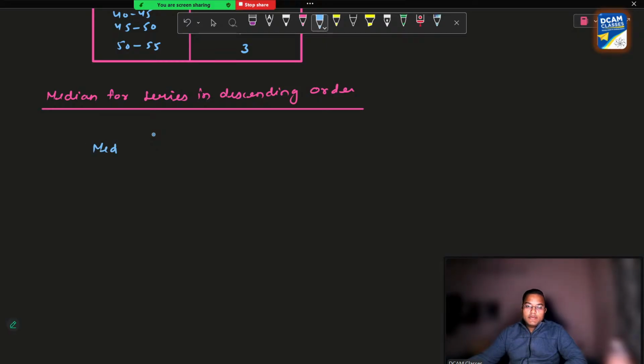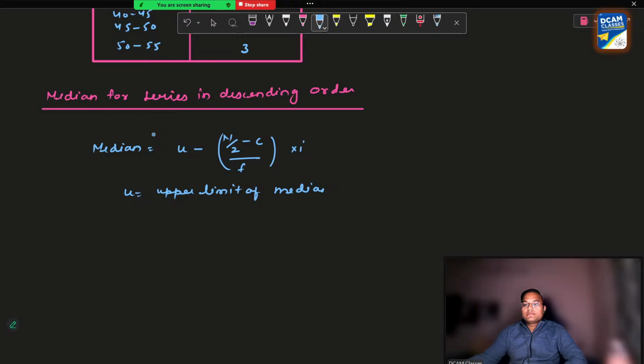The median is given by u minus n by 2 minus c divided by f into i. What is u? u is the upper limit of the median class. You have to calculate the total frequency and cumulative frequency.